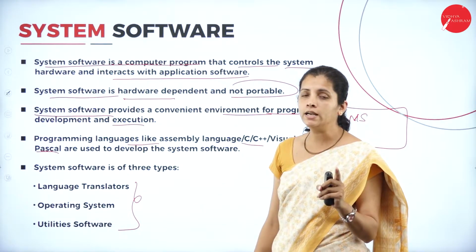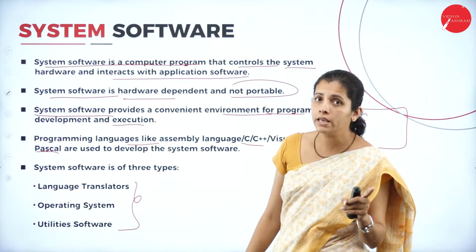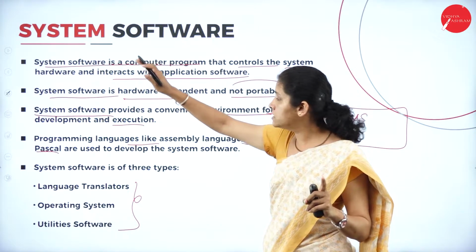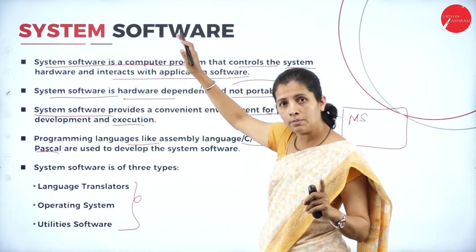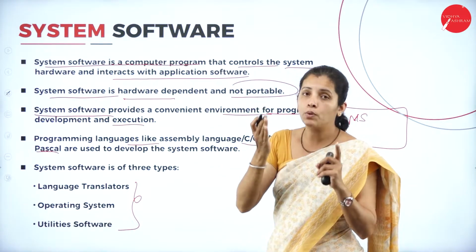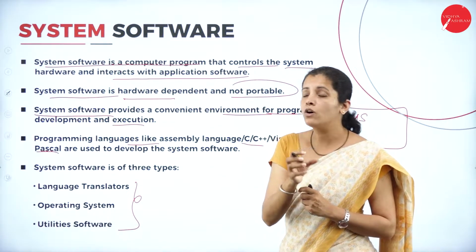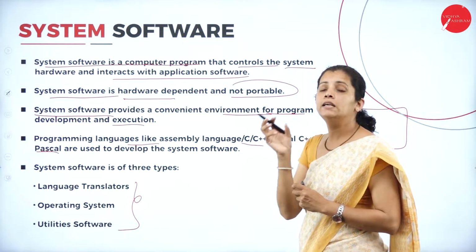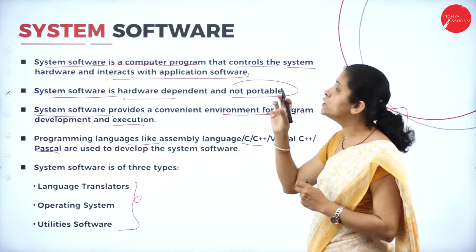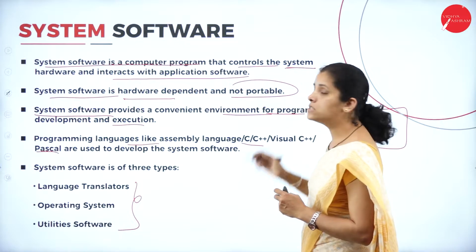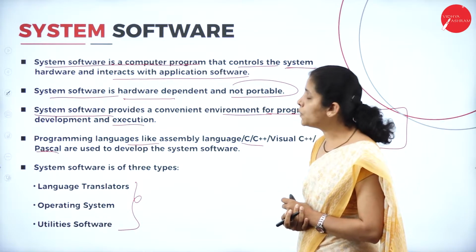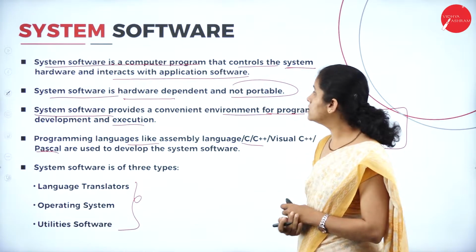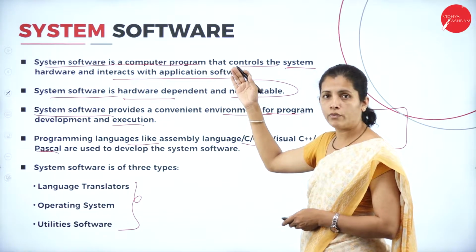So dear student, what you have to remember here is that system software is nothing but a computer program or set of instructions, and it is designed mainly to control system hardware, along with that interact with the application software.